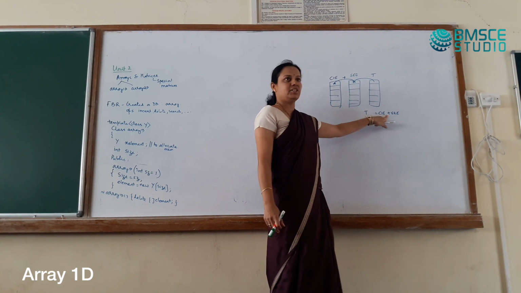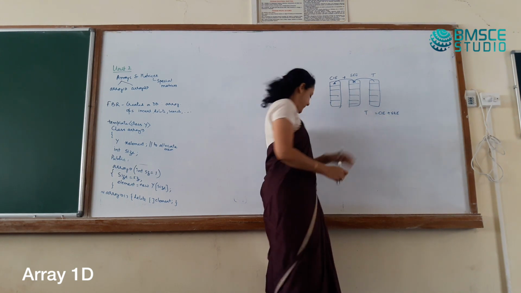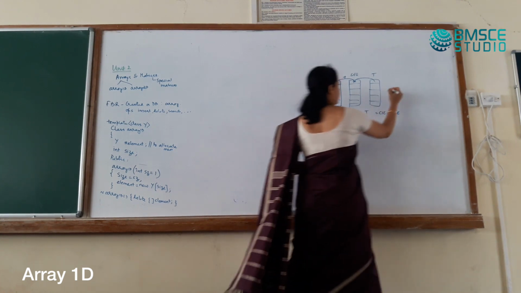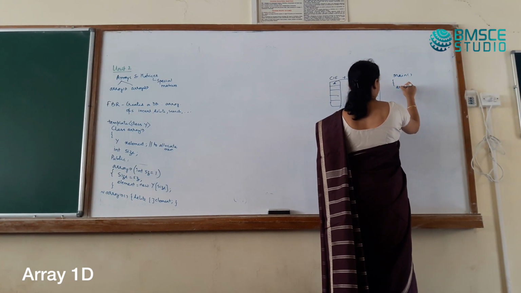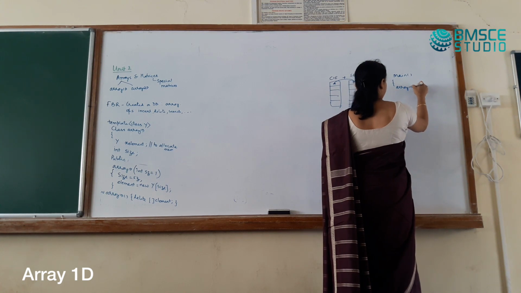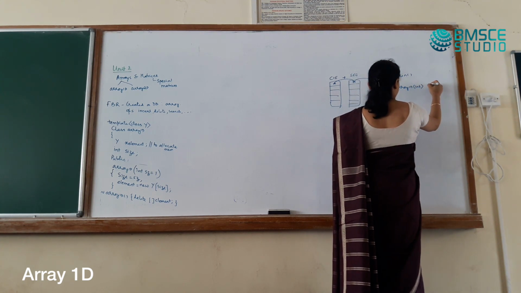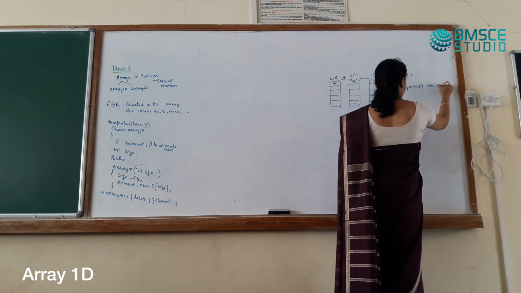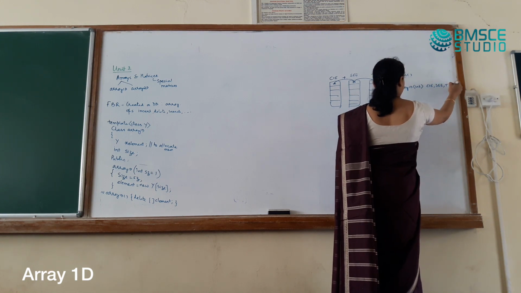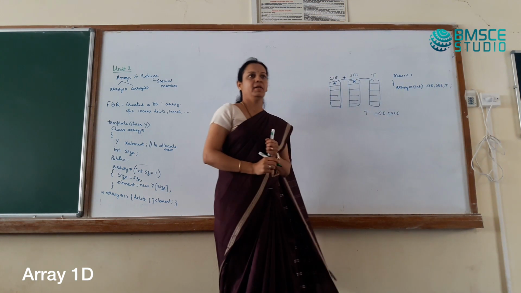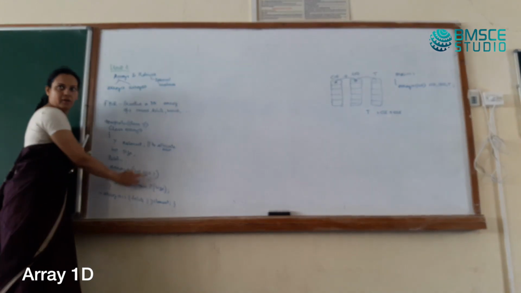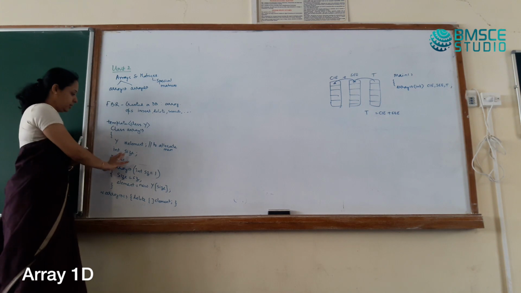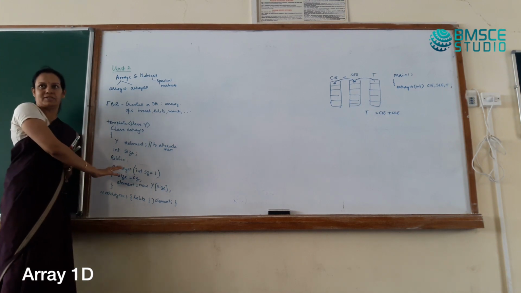If this line is to be compiled, the main function could be something like this: array 1D int, I will say CIE. Possible? Yeah. As a programmer, I am sure that the computer resources are not being misused.